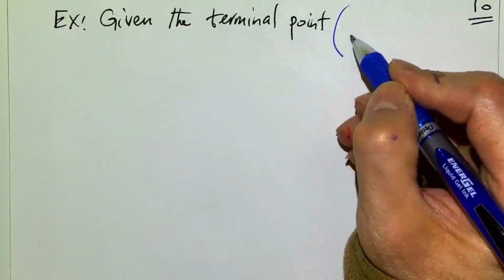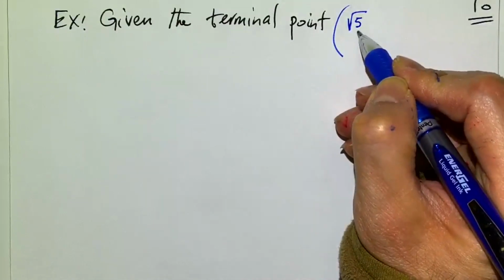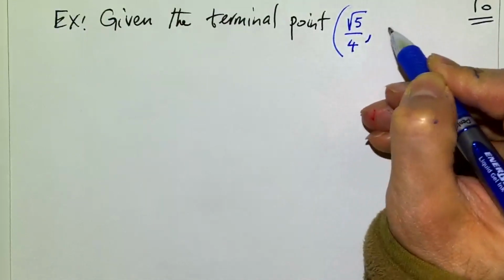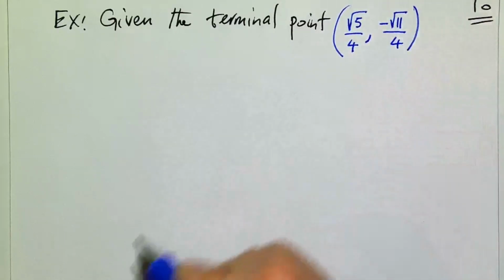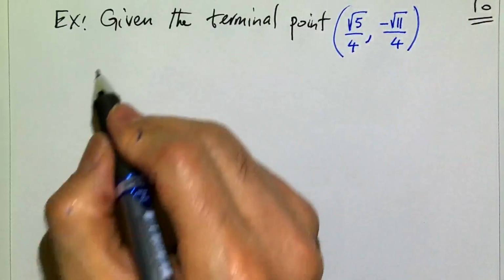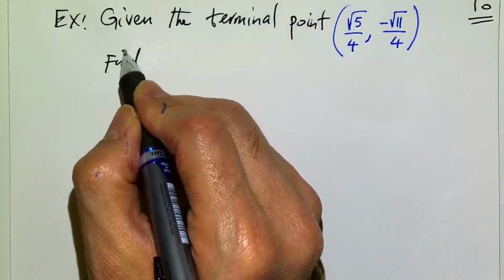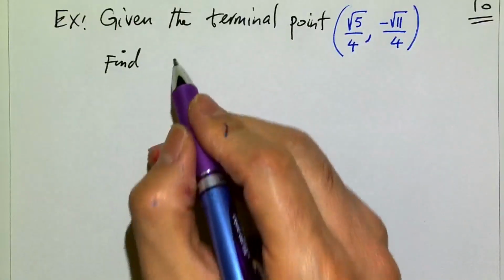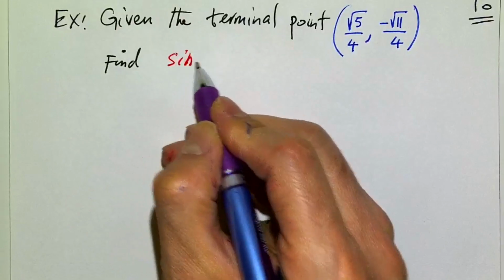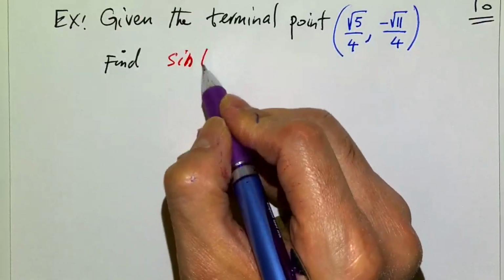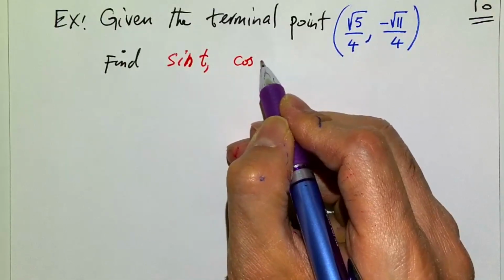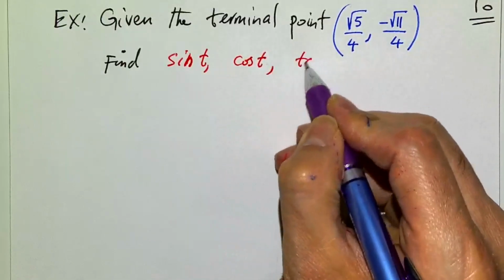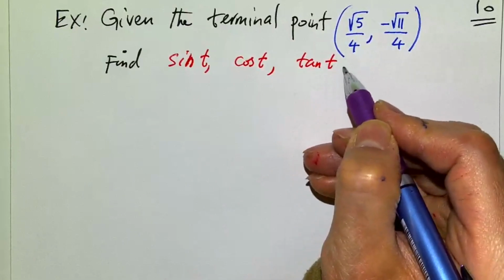Given the terminal point square root of 5 over 4 comma square root of 11 divided by 4, we want to find sine of t, cosine of t, and tangent of t. Okay?